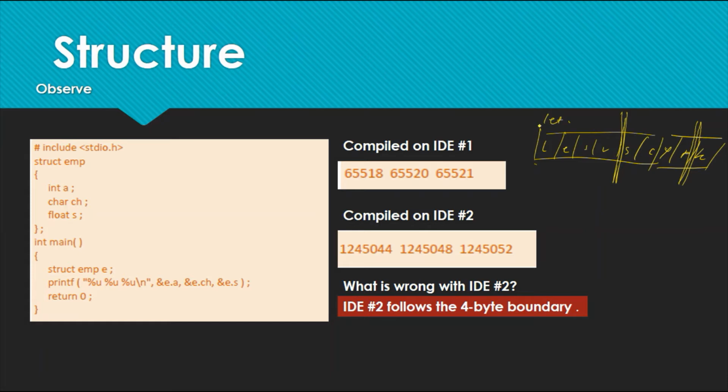What happened is, in this case here, we have a struct employee which has an int, a char, and a float.